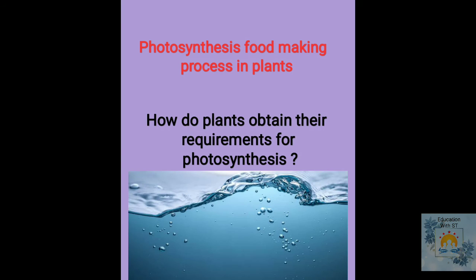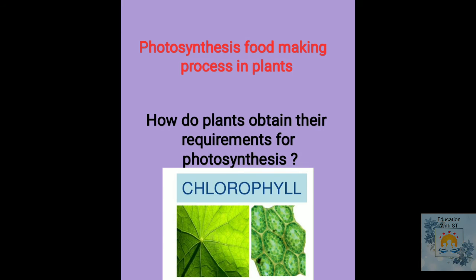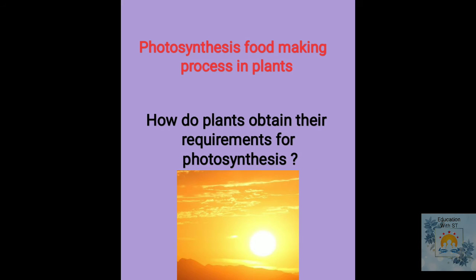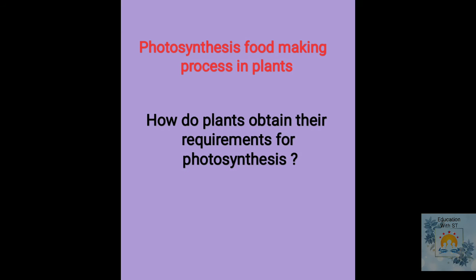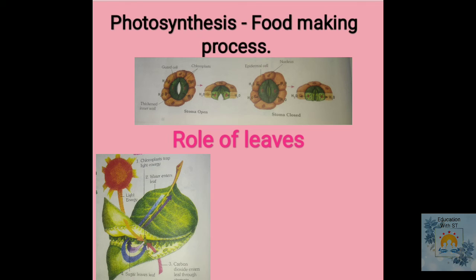Water: plants take up water from the soil through the root system. Chlorophyll: it is present in the leaves. Sunlight comes from the sun. So these are obtained by plants.